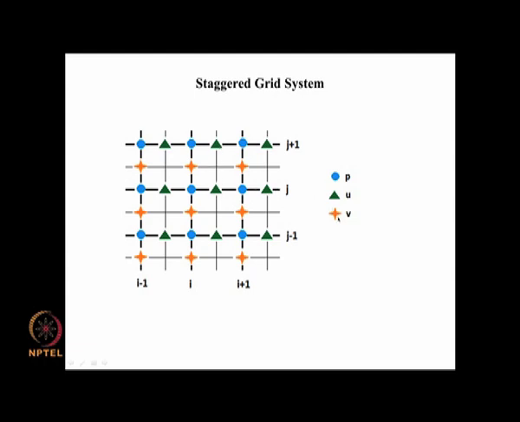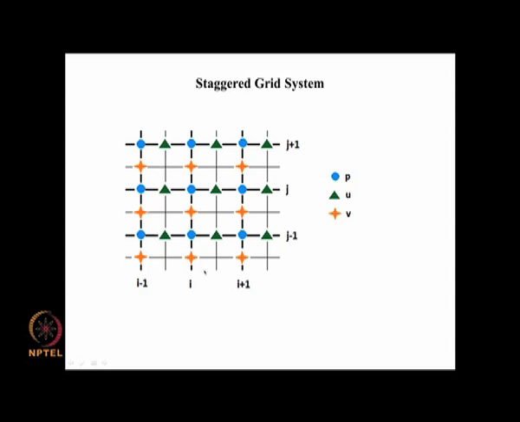Similarly, v is evaluated at the stars, and these are displaced in the vertical direction by half a grid spacing. And so, this is where, that is at i, j plus half; at i, j minus half; and again i minus 1, j minus half; and i minus 1, j plus half, like that.